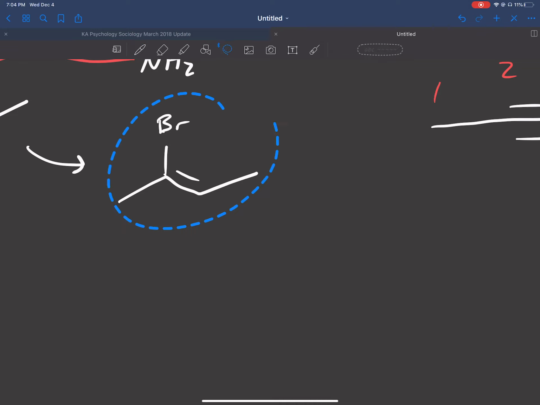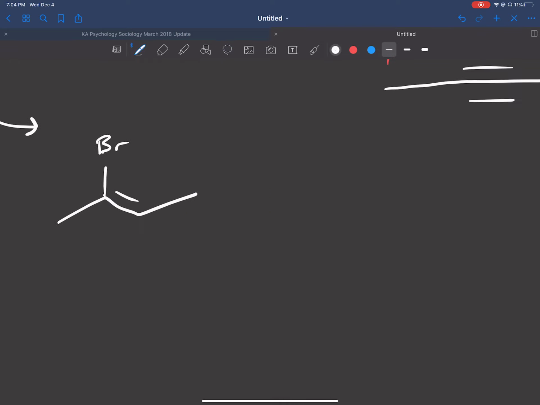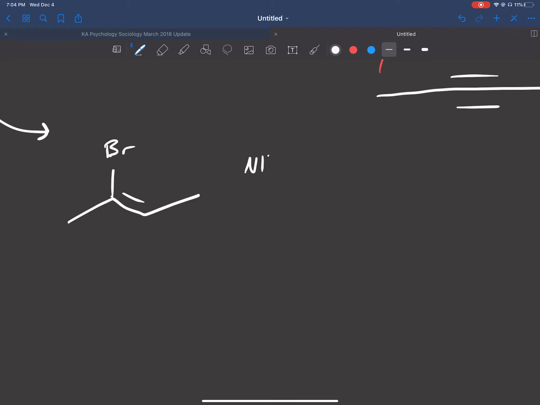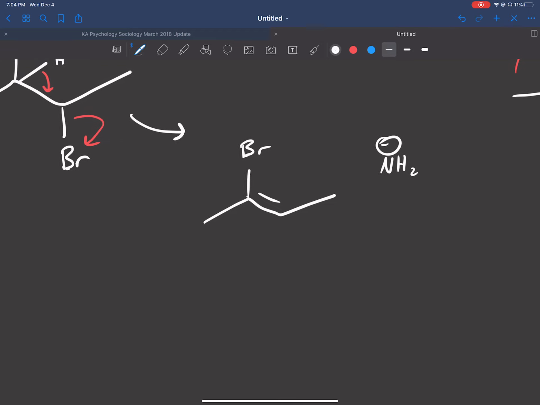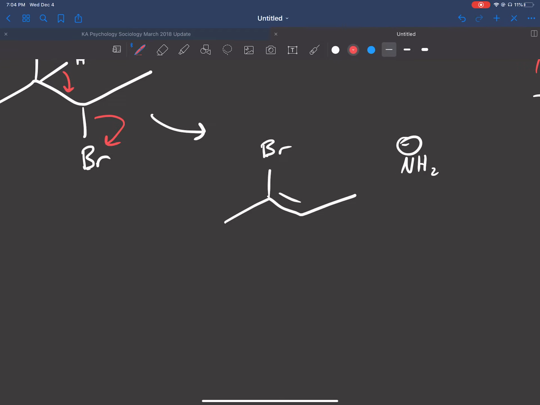Now remember, we always have more of that NaNH2 in the solution. So let me just lower this actually a little bit. So we're going to have another NH2-. And now we're going to do another elimination reaction. But the question is, are we going to take an H from here, this red H, or from here?